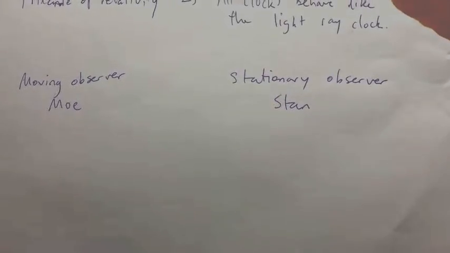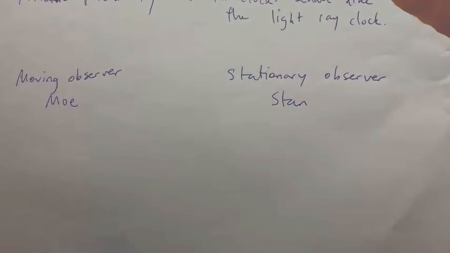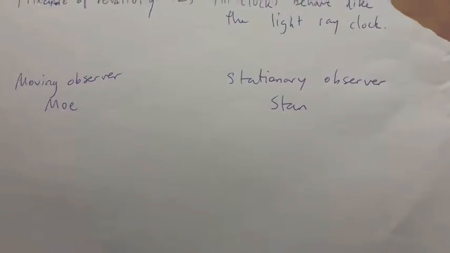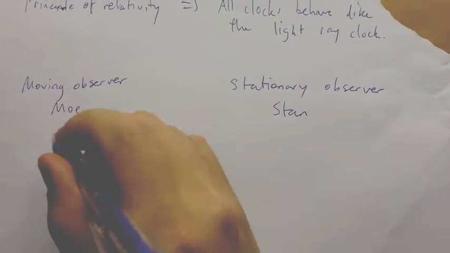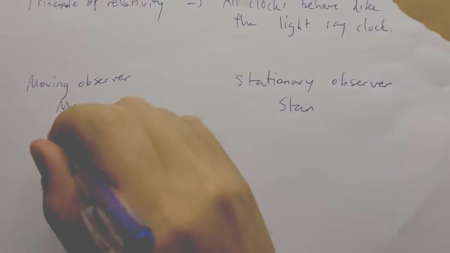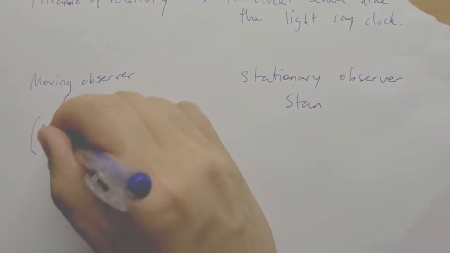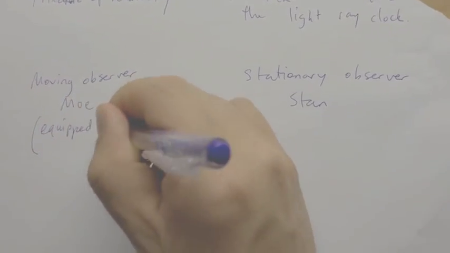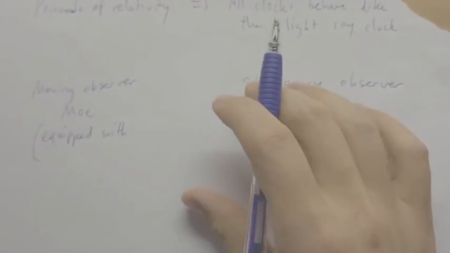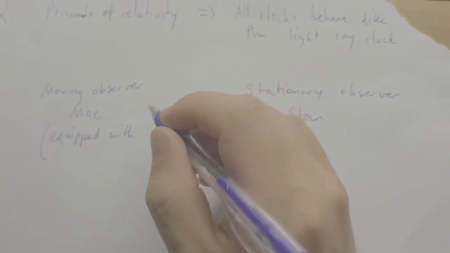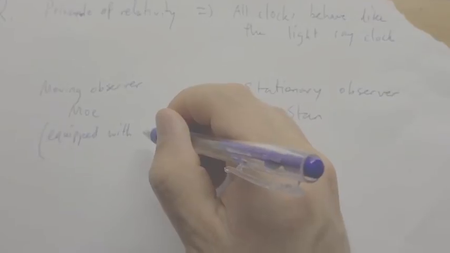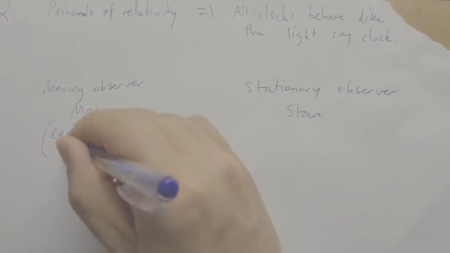And then there's a clock. So Mo is equipped with the light ray clock.